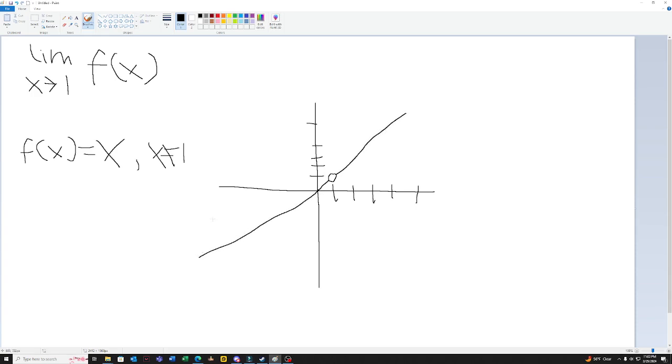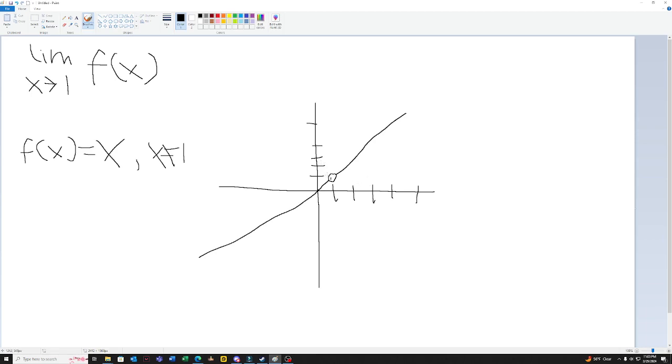And it looks something like this. Now, this might throw you for a loop because the limit seems to be asking for a value that is undefined. The value isn't there. But when we're asking for limits, the value does not have to be defined.